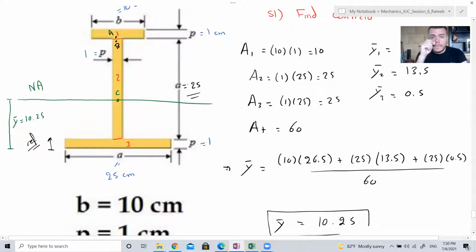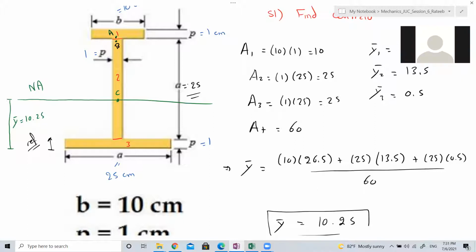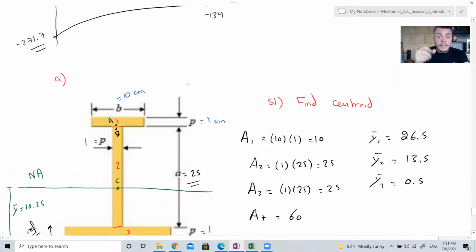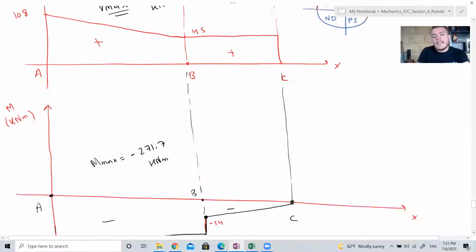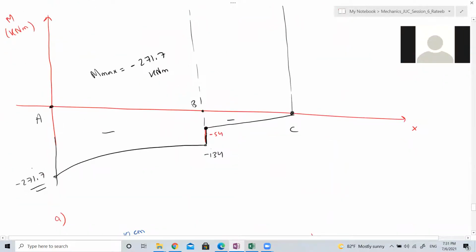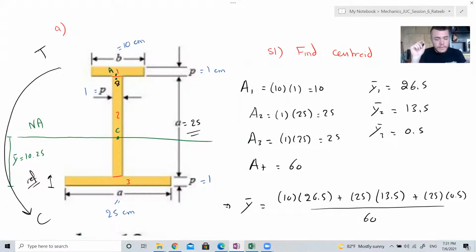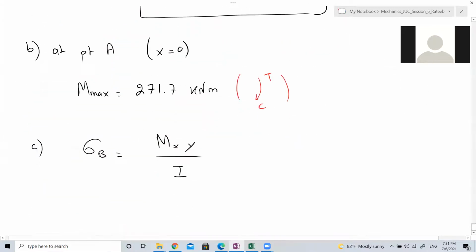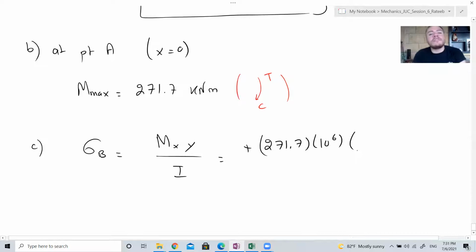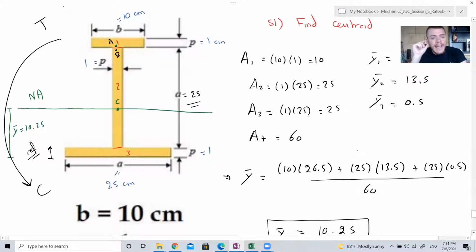Point B. كيف تعرف تنشن؟ لا، تنشن على انه بوزيتيف. المومنت ايز نيجاتيف، لانه نيجاتيف الكompression تحت والتنشن فوق. لو كانت بوزيتيف كان الكompression فوق والتنشن تحت. So point B is in tension. So it's plus M. What's M? M is 217.7 بس بدك تضربها ب 10 to the power 6 لتحولها لنيوتن مليمتر. What is Y of point B?